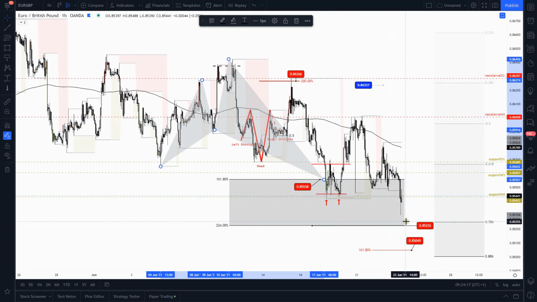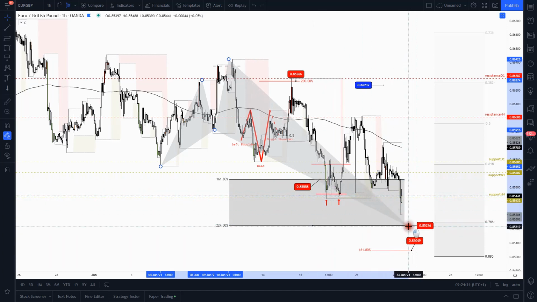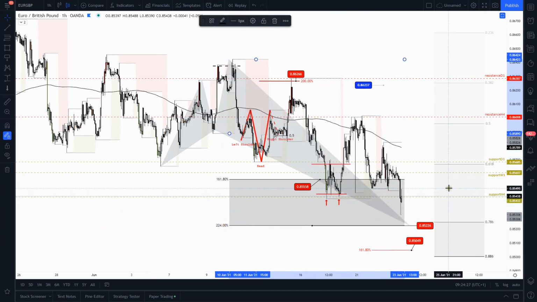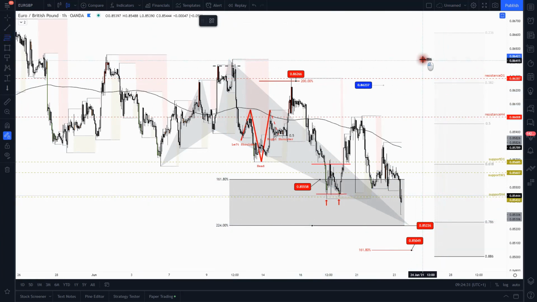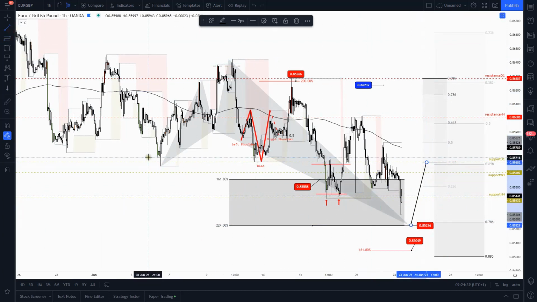So if the market decides to sink a bit more into this price zone, to the 224% Fibonacci extension level, that may offer another bounce, even if limited. So we expect something like a retest of this previous structure support level again.